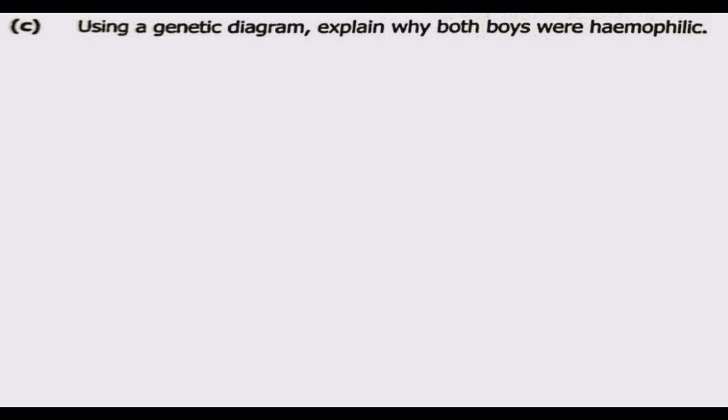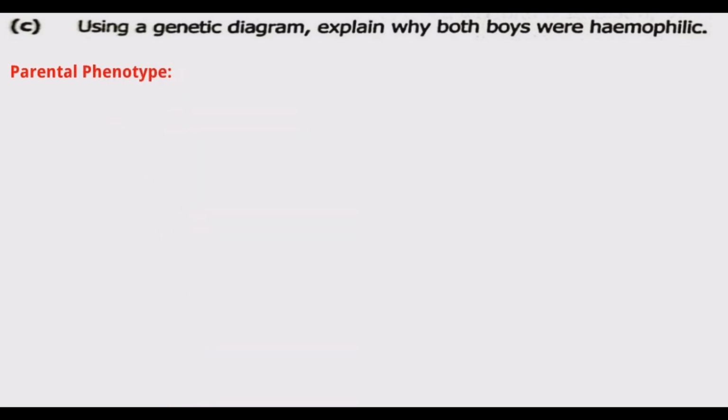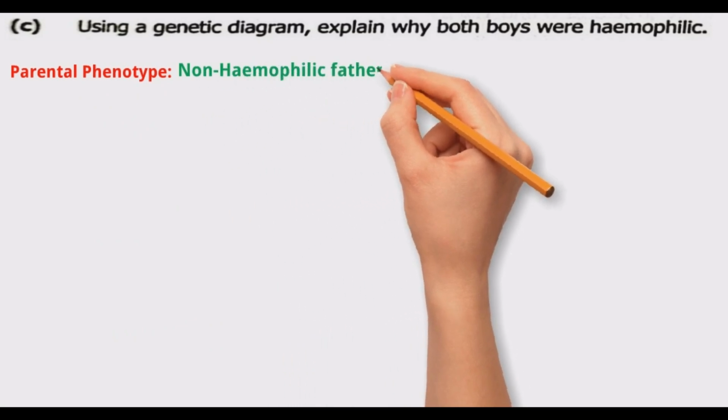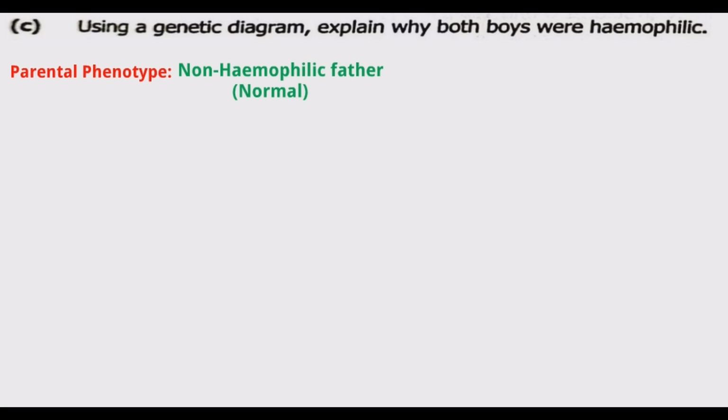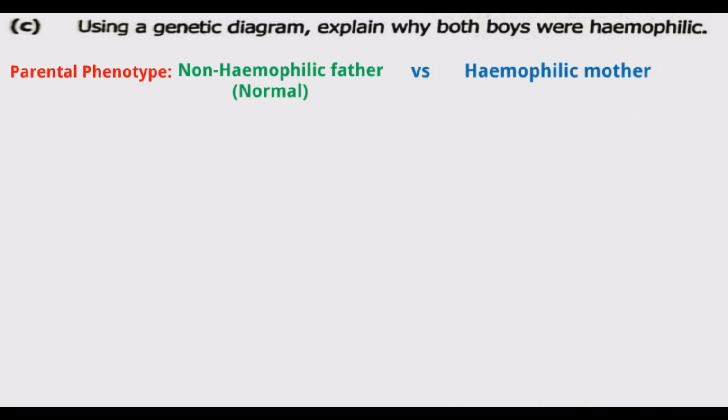First we start with the parental phenotype. The father is non-hemophilic, so the father is normal. Versus the mother, who we are told in the statement is hemophilic, meaning she has a medical condition.